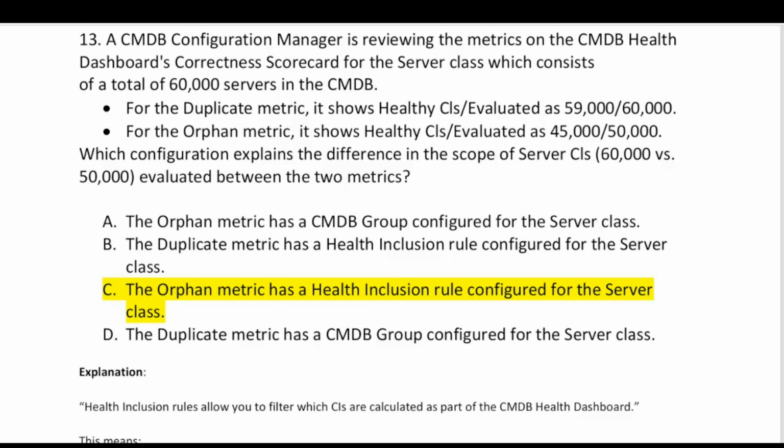Option B, the duplicate metric has a health inclusion rule configured for the server class. Option C, the orphan metric has a health inclusion rule configured for the server class. Option D, the duplicate metric has a CMDB group configured for the server class. Correct answer is option C.